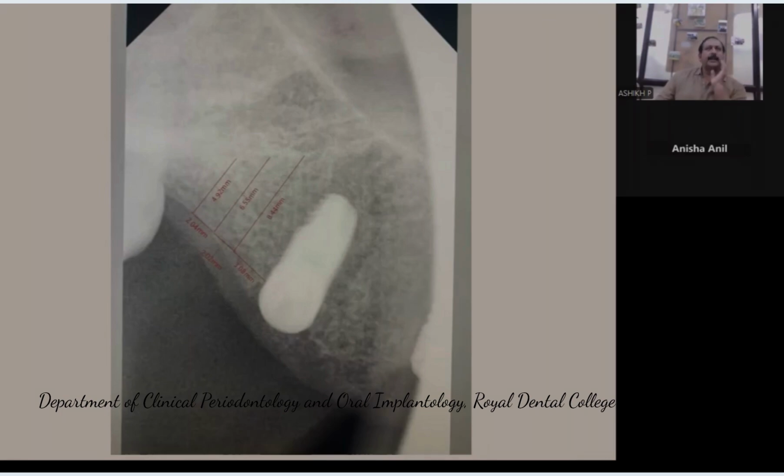But still, considering this, which will be a size of implant without any kind of a sinus lift? Without sinus lift has to be 4. Because within what this IOPA says, it has to be 4 only, right? Otherwise, you have to go in for a sinus floor lift.